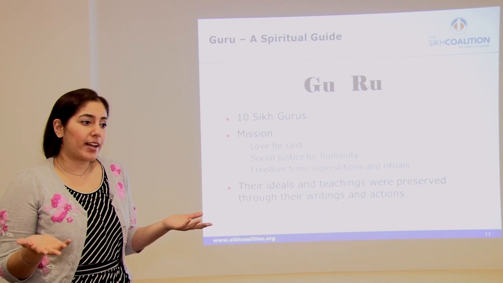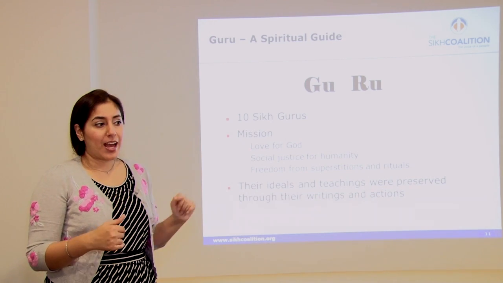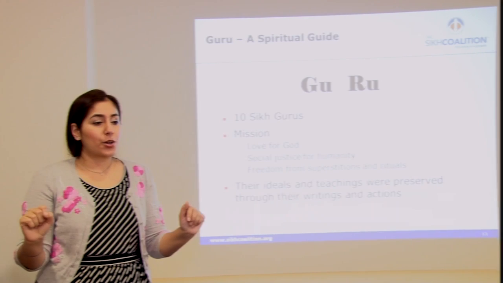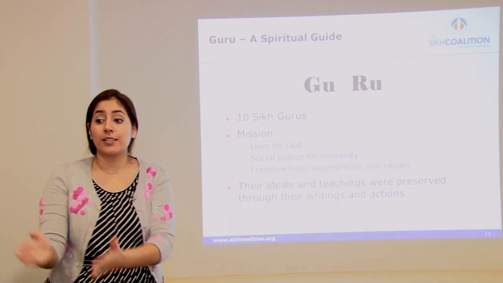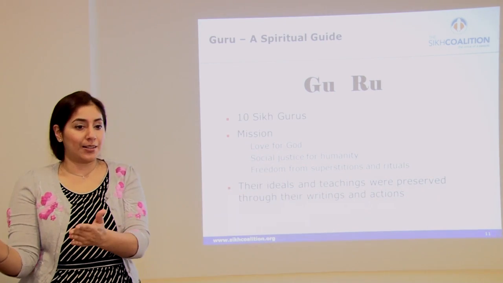So where do Sikhs get our spiritual guidance from? We get it from our gurus. So let's break down this word into its components. There's gu, which means darkness, and ru, which means light. So a guru is literally someone that brings you from the dark into the light, or from ignorance into enlightenment.